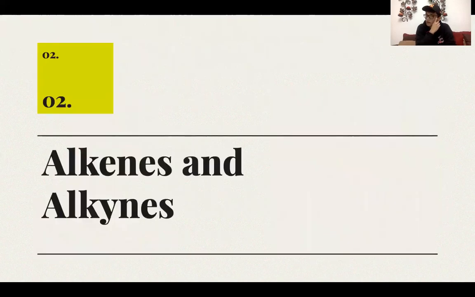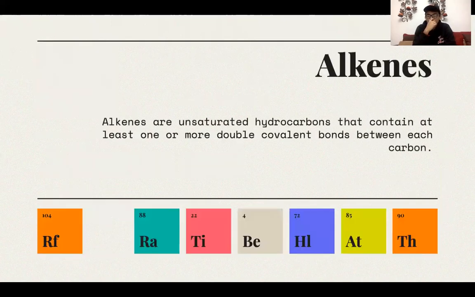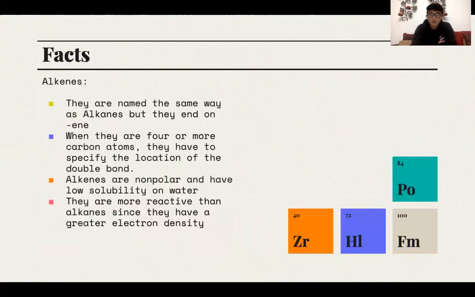Passing to our second part, alkenes and alkynes. First of all, alkenes are unsaturated hydrocarbons that contain at least one or more double covalent bonds between carbons. Some facts about alkenes are that they are named the same way as alkanes, but the difference is that they end in ene.